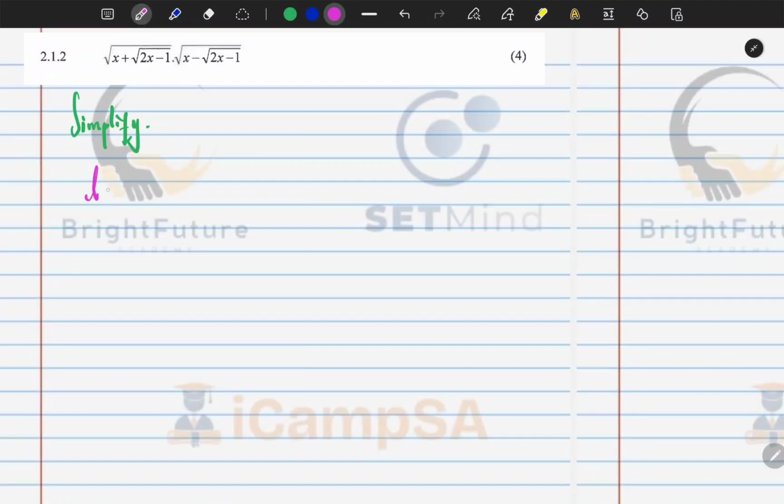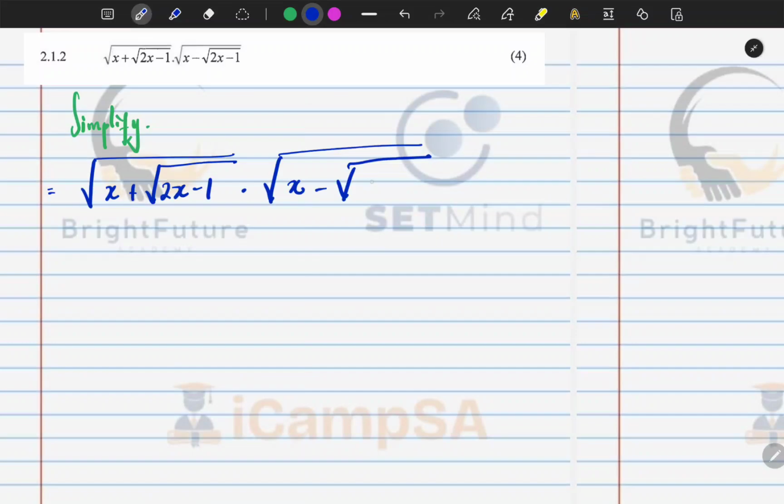So let's write this again. You have x plus root of 2x minus 1, times x minus root of 2x minus 1.